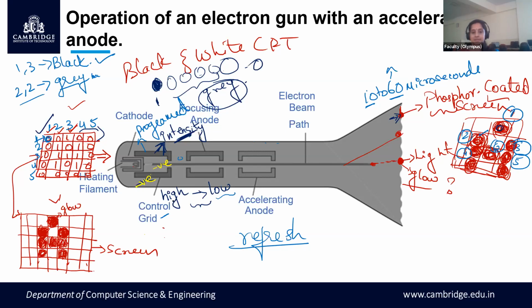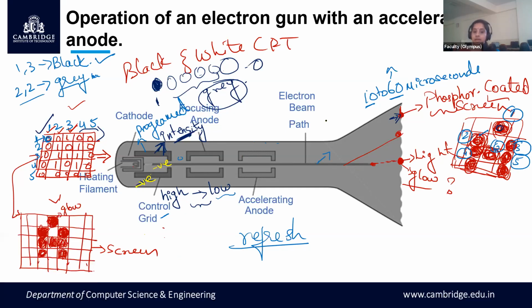Whatever bits are set, that much intensity is sent here. So I will get mild gray or dark gray, whatever it is. So now you understood the color change. It is just a concept for the color change. Everything in color change is based on the intensity of the electron beam.